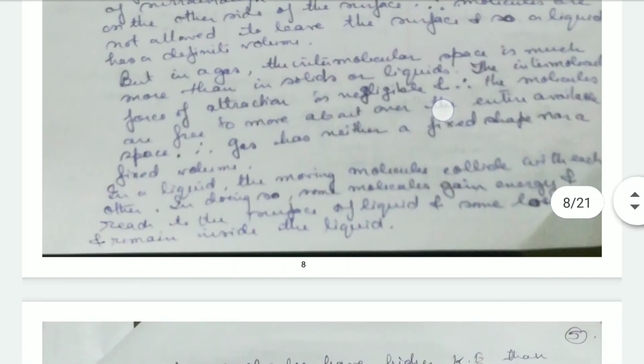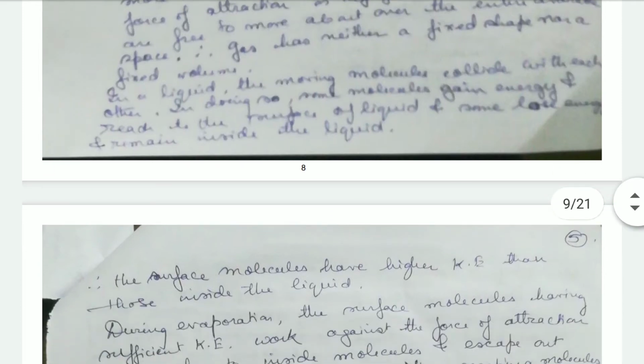In case of liquid, the moving molecules collide with each other, and in doing so, some molecules gain more kinetic energy. That is, their average kinetic energy increases while colliding, and when they reach the surface of the liquid, some molecules lose energy, and some molecules gain energy.